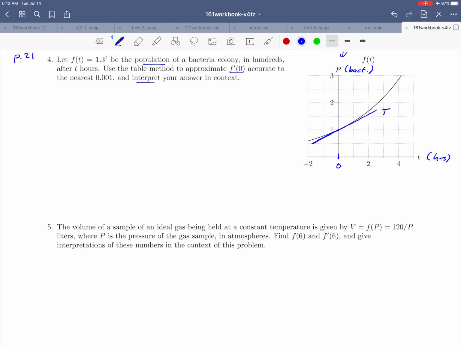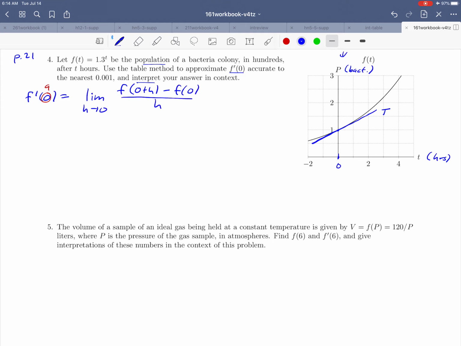Okay, well, let's start with our definition of the derivative. So f prime of 0, we discovered that we could describe that as a limit. I'm looking back a couple of pages in the workbook here. This is the limit as h goes to 0 of f of a plus h. Our value of a is actually 0 in this case. So we're going to get f of 0 plus h minus f of 0 over h.